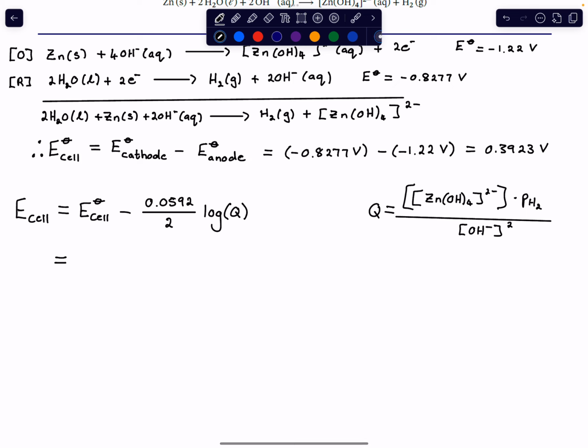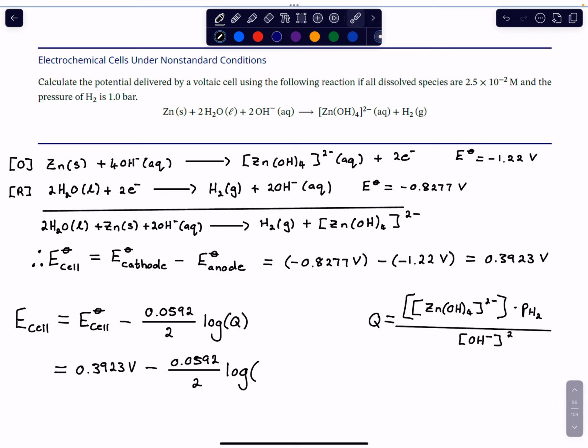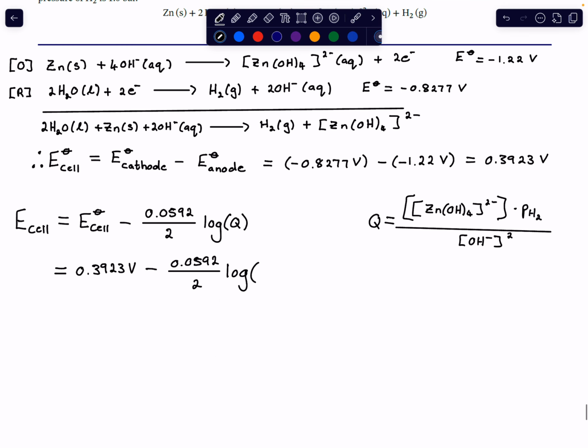All right. So then the standard cell potential we calculated just now, that's 0.3923 volt, minus 0.0592 over 2, and then log of our reaction quotient. Now we're given the quantities. We're told any dissolved species has a concentration of 2.5 times 10 to the negative 2. So these two concentrations are 2.5 times 10 to the negative 2 molar, and the pressure is 1 bar. So we can put that in.